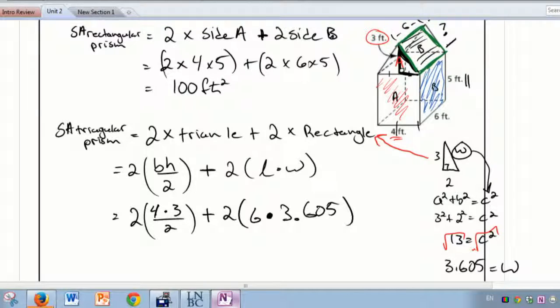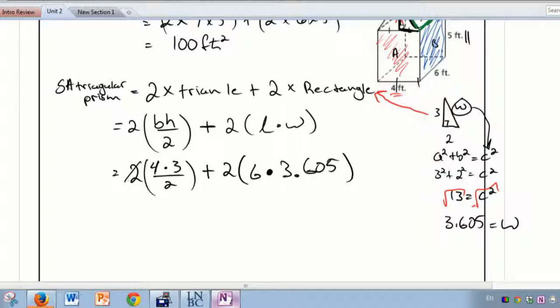At this point, we kind of have 2 steps figured out. This 2 and 2 are going to cancel. If you want to multiply by 2 and divide by 2, you can. If not, then just 4 times 3 is going to give us 12. Then we're going to add to that.